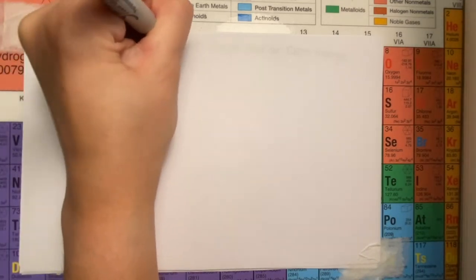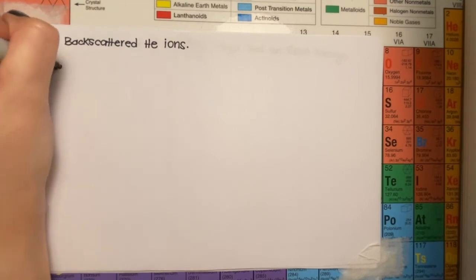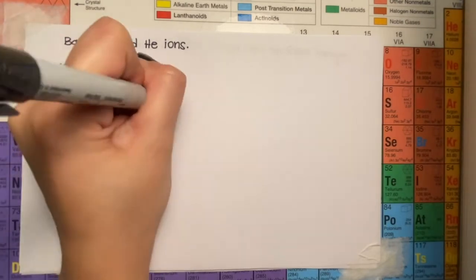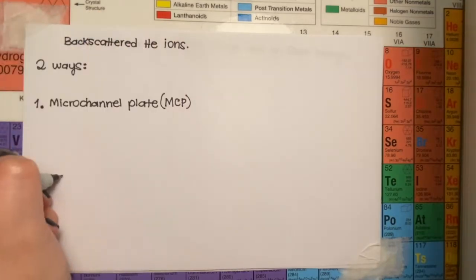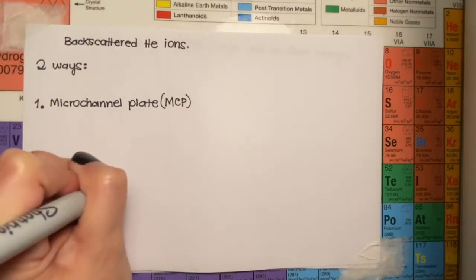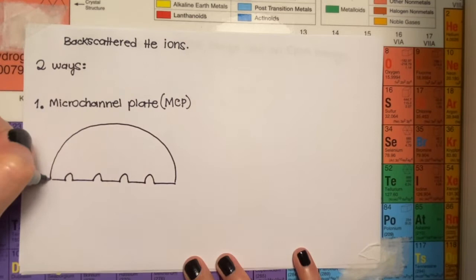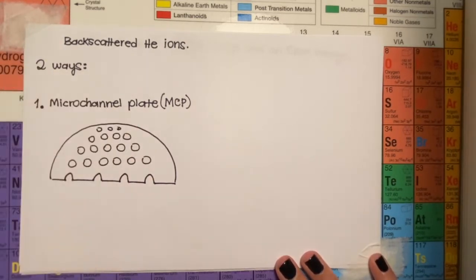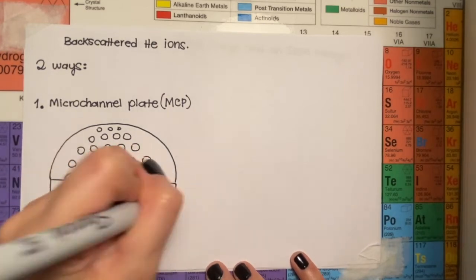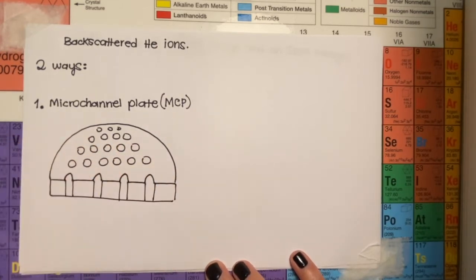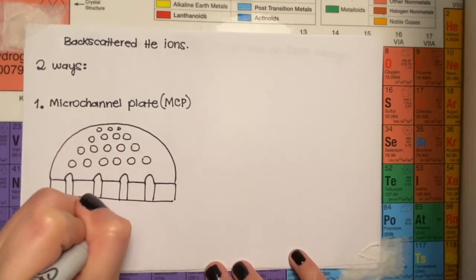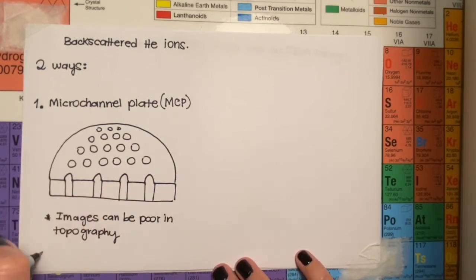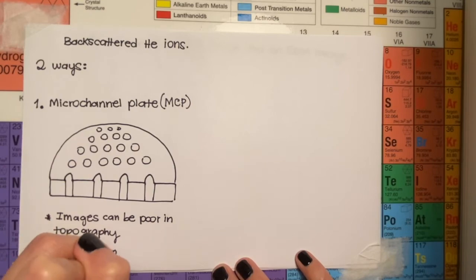There are two different ways to utilize backscattered helium ions. Commonly, a microchannel plate is used as a detector in order to acquire qualitative element distribution maps. These images can be poor in topography and rich in element contrast.